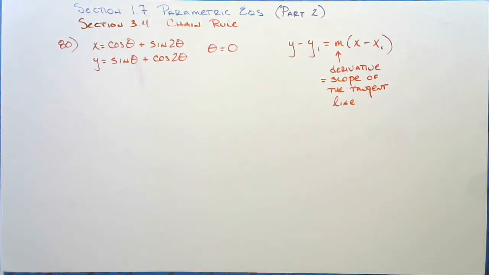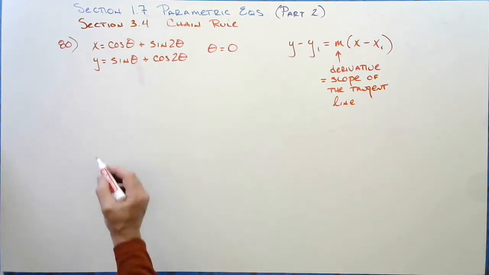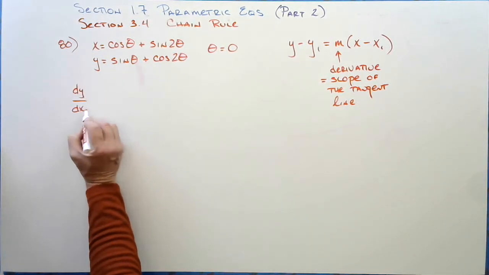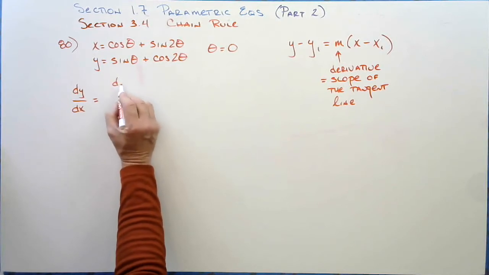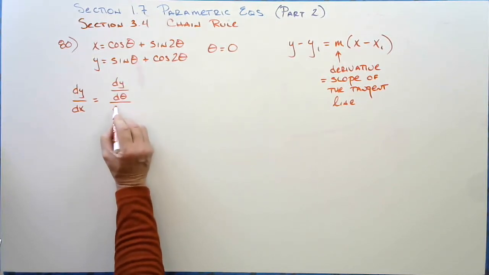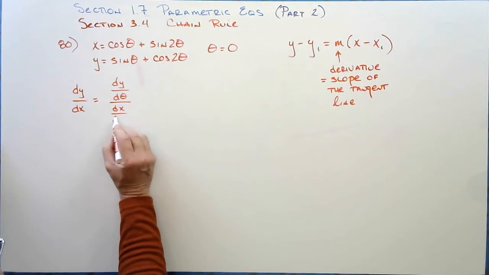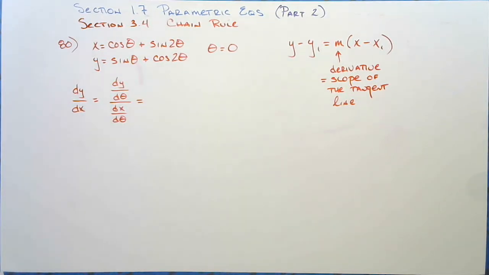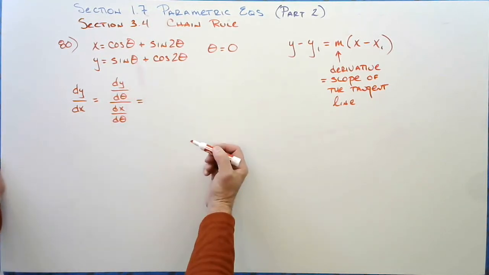Now, these are given to us in their parametric form, so we use a version of the chain rule. We know that dy/dx can be expressed as dy/d theta divided by dx/d theta, right? This is the chain rule when we've written it as a fraction instead of a product. So we're going to find the derivative of y with respect to theta.